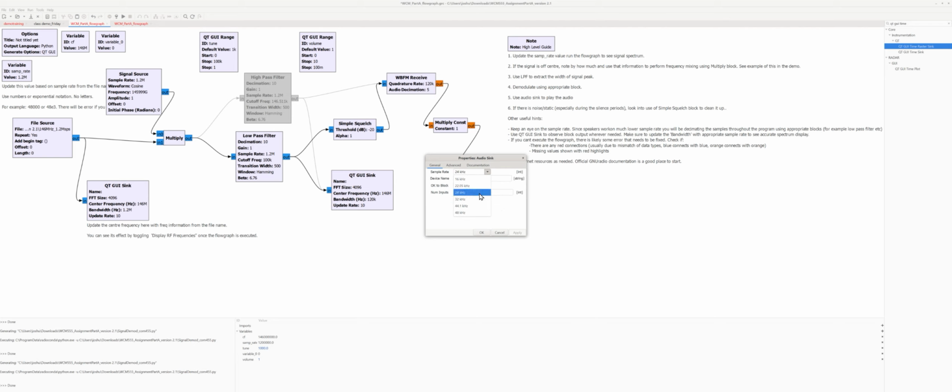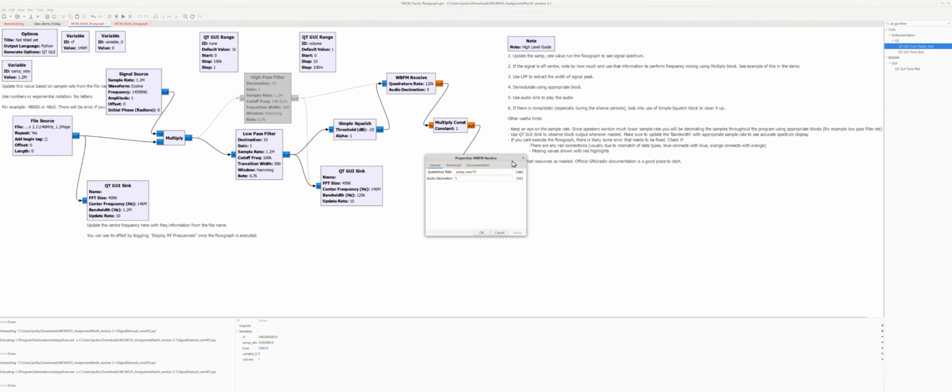In this assignment I have gone with 24, and I'll explain. The RF signal we are processing has a sample rate of 1.2 mega samples per second, and we decimated it at the low pass filter by 10 to give us 120 kilo samples per second.